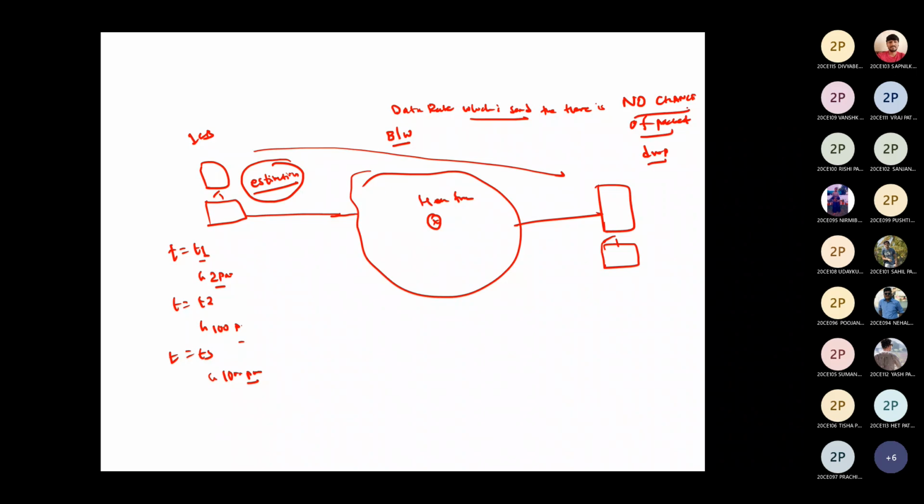Is it possible? No, sir. The data rate I send should be such that there is no chance of packet drop. That phenomenon is known as estimation. We can estimate the data rate.